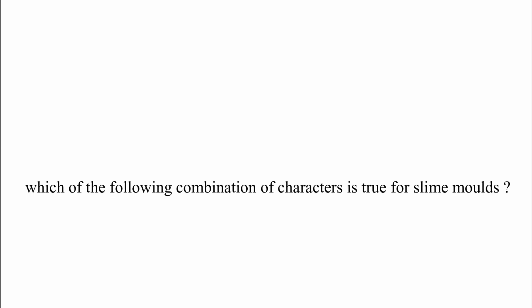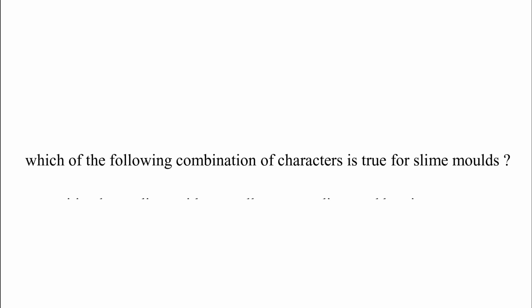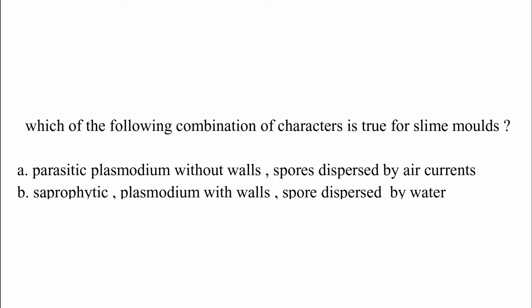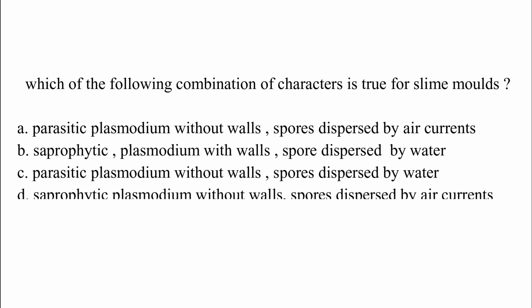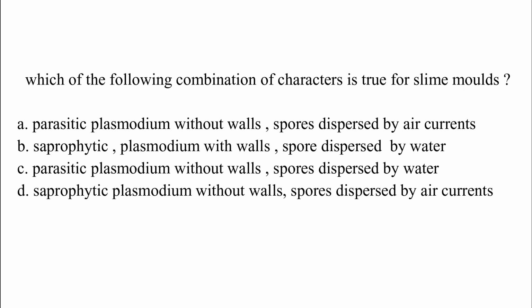Which of the following combinations of characters is true for slime mold? Option A, parasitic plasmodium without wall, spores dispersed by air current. Option B, saprophytic plasmodium with wall, spores dispersed by water.